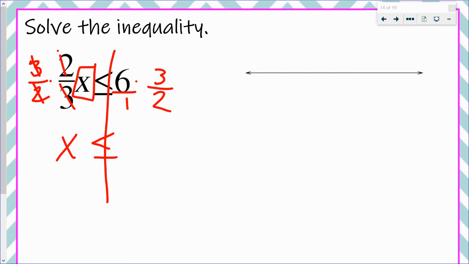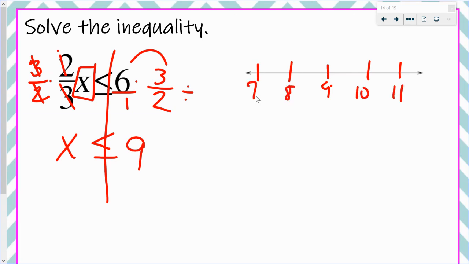Now remember, you could even just do 6 times 3 is 18. And then 18 divided by 2 is 9. So x is less than or equal to 9. Okay, so closed circle on 9, shading to the left.